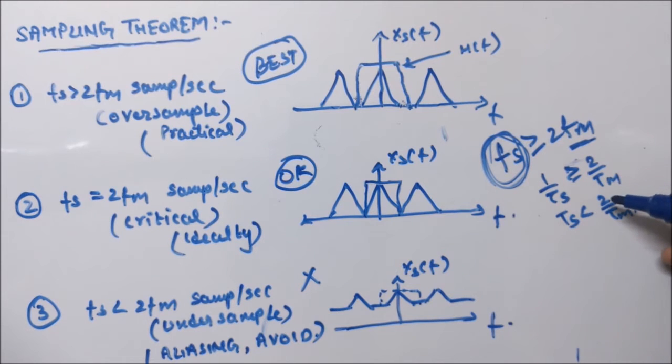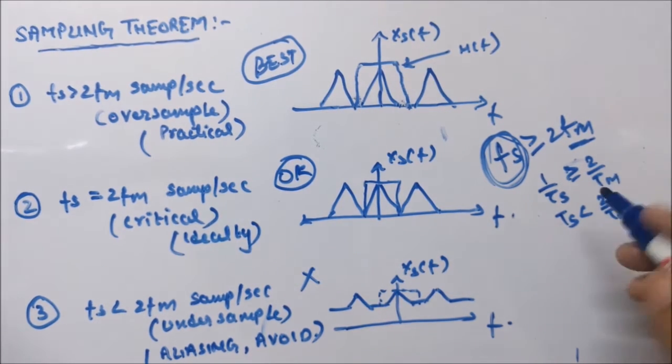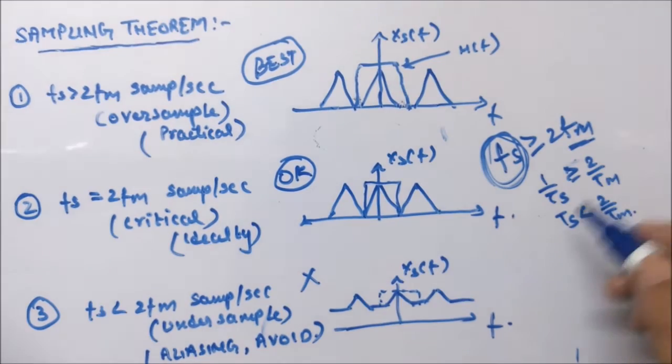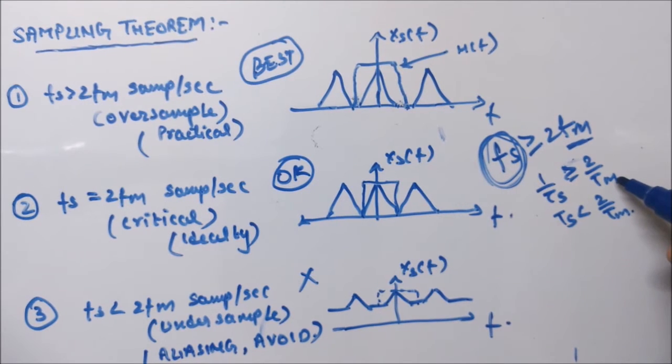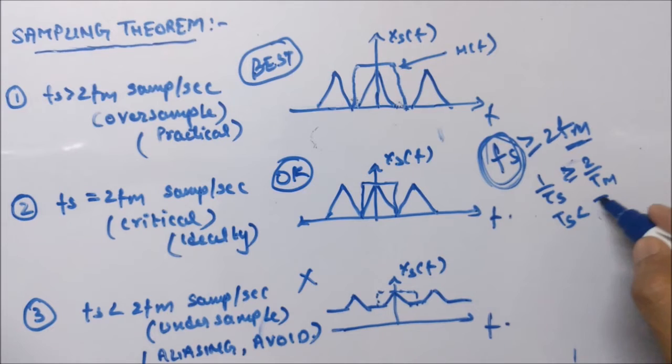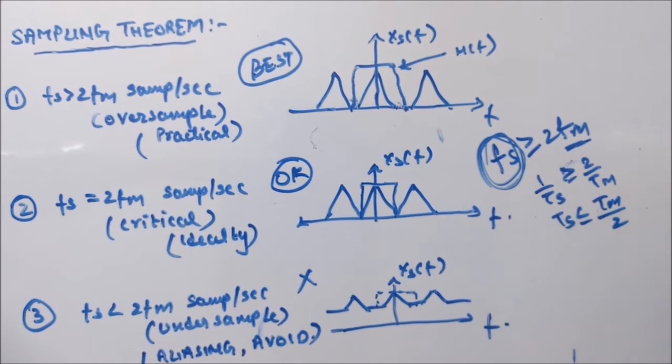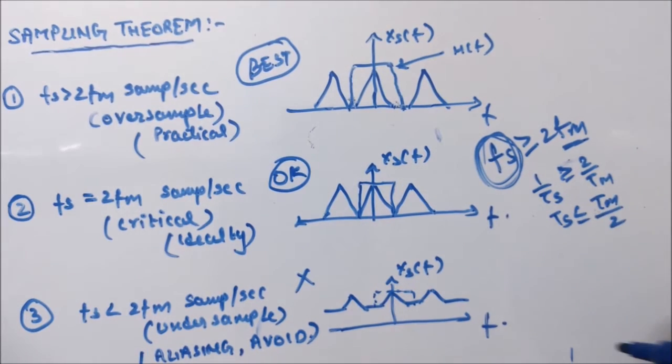Okay, I think I made a mistake here. It should be Ts less than or equal to 1 by 2 fm. So this equation you have to follow.